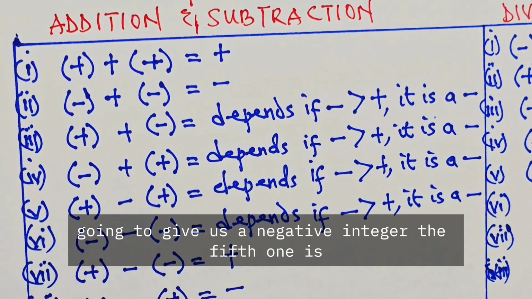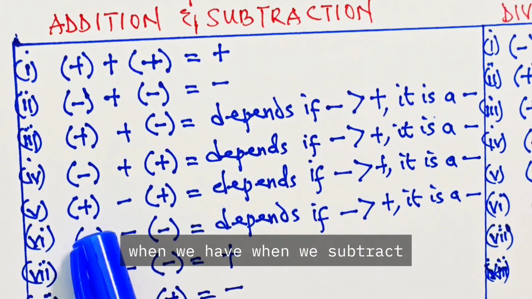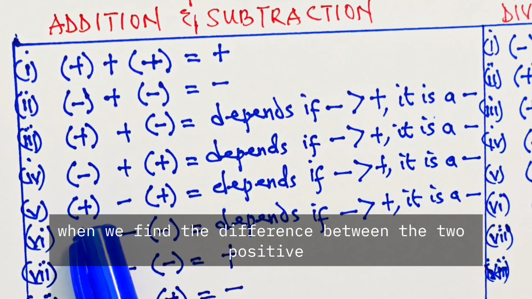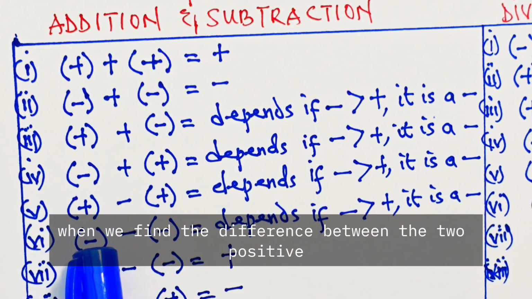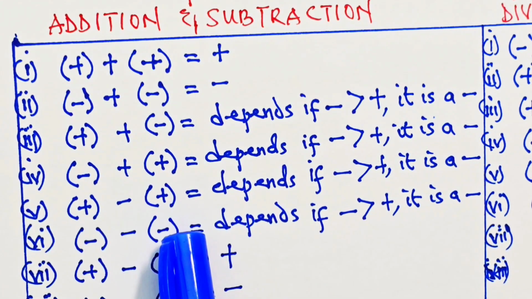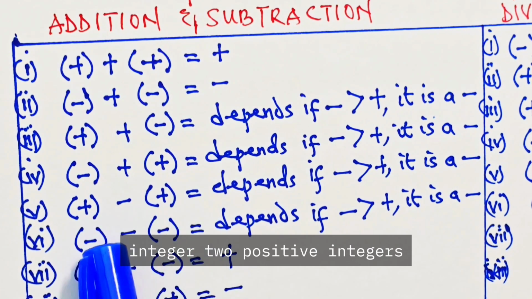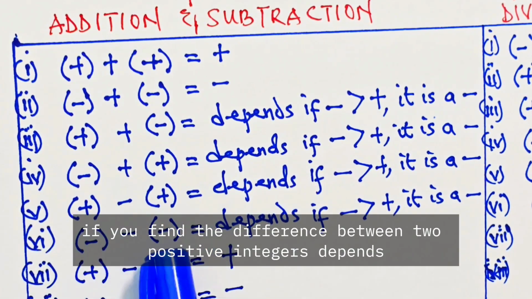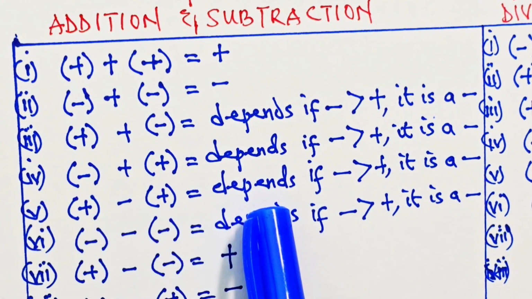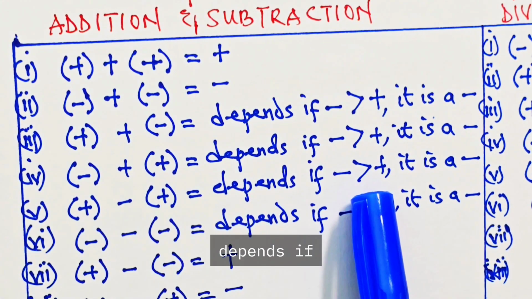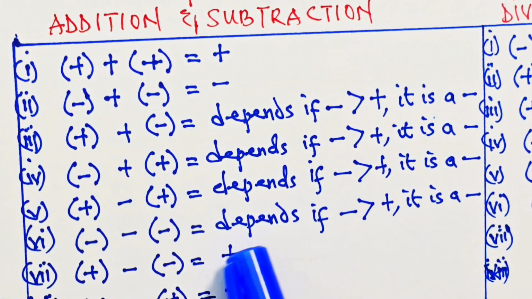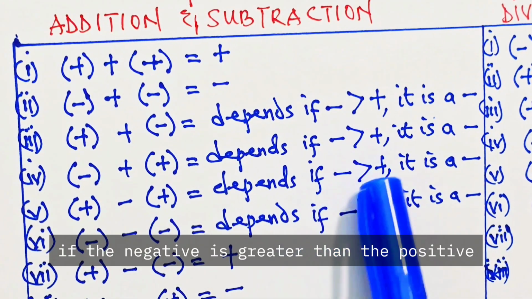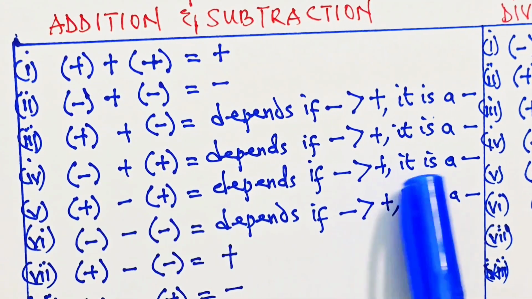The fifth one is when we subtract, when we find a difference between two positive integers. If you find a difference between two positive integers, it depends, because if the negative is greater than the positive, it is a negative.